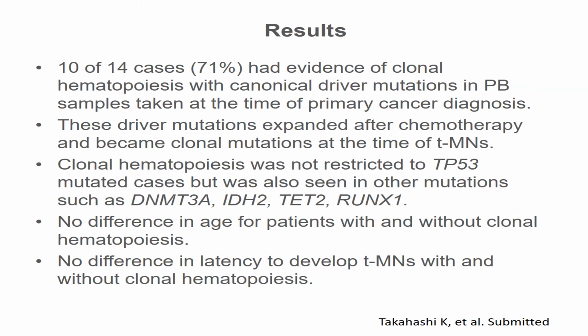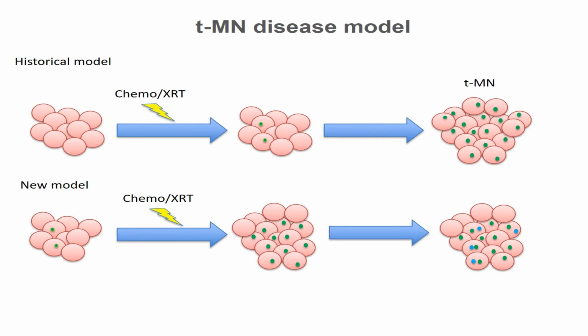Dr. Koichi Takahashi is one of my colleagues who has looked at this at MD Anderson. He looked at 169 patients with therapy-related myeloid neoplasms diagnosed between this period. And he actually went to our epidemiology department, and there were blood samples in 14 of these patients prior to getting any therapy for their primary cancer. And he looked at these 14 patients, and he identified clonal hematopoiesis, various mutations in all of these individuals.